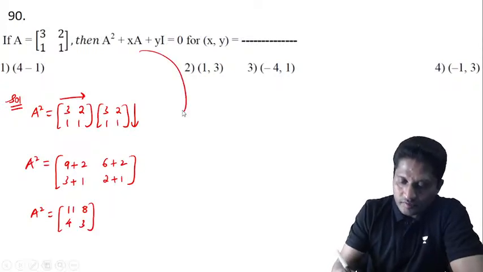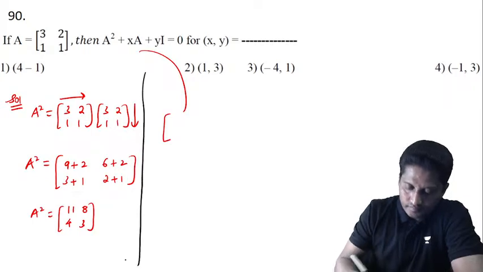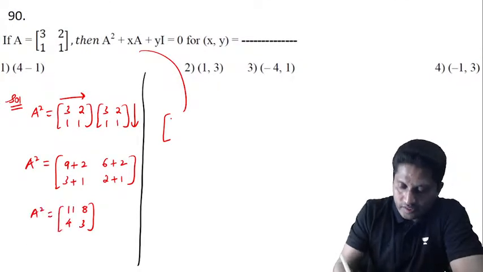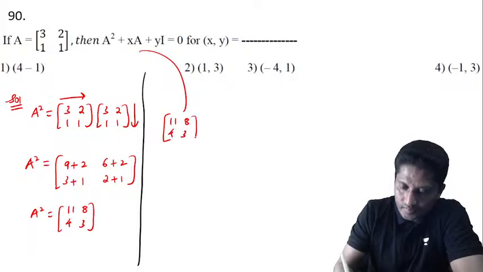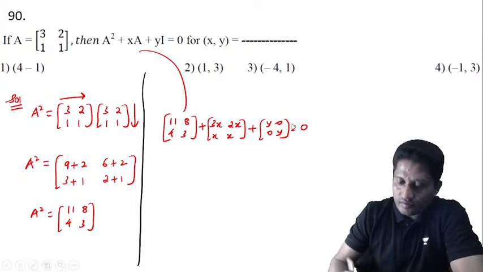Okay, now if I substitute here, A square is equal to 11, 8, 4, 3 plus x into A. So this is 3x, 2x, then this is x and x, plus y into I, this is y, 0, 0, y, okay, is equal to 0.